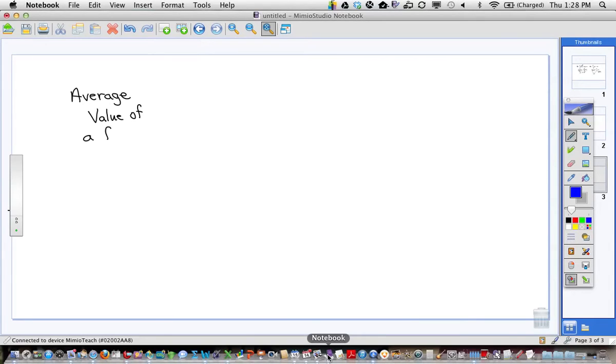Average value of a function from x equals a to x equals b. Now, I think this is on page 309.